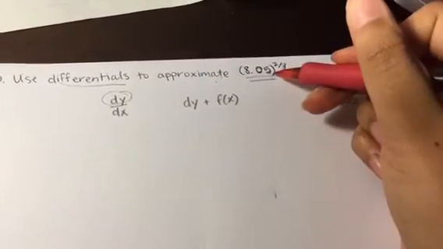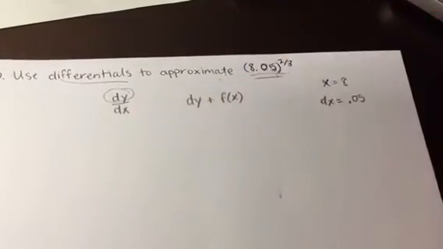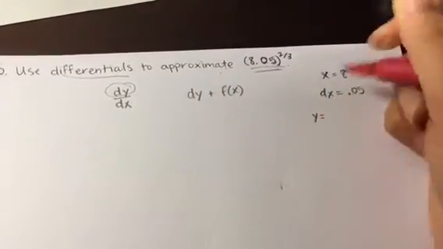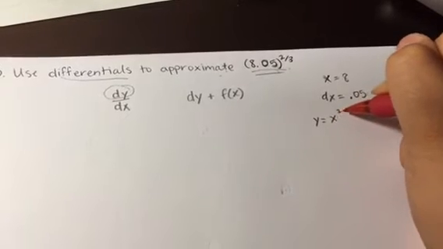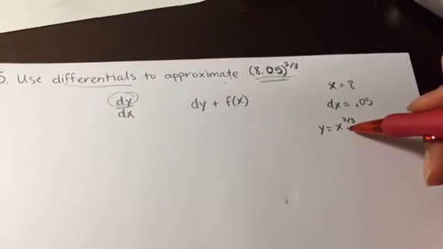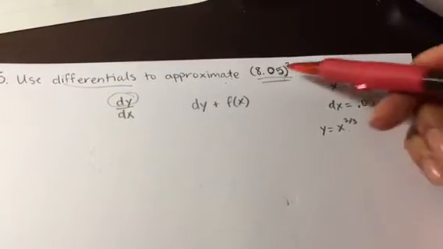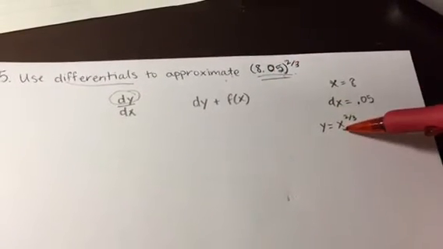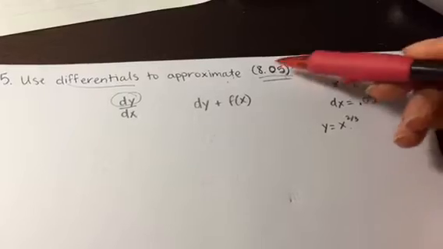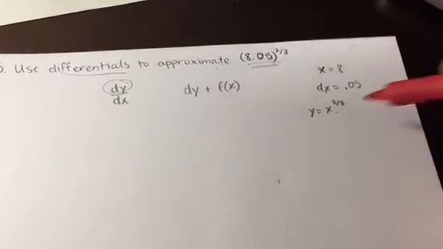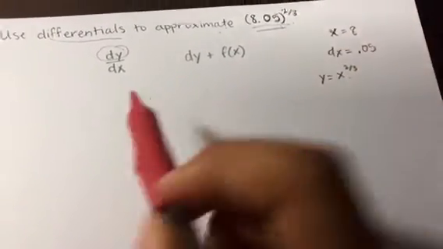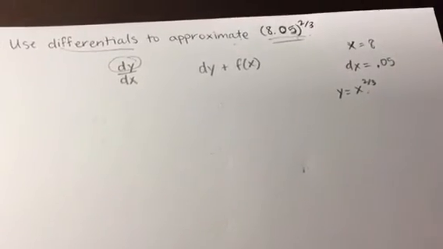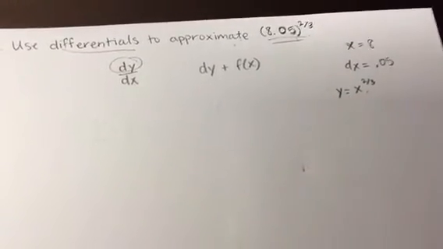And then the equation we're going to use when doing dy over dx is y equals x to the 2/3, because 8.05 acts as x here, and then the 2/3 from this equation is used here. So now we use this, and to do dy over dx, we have to take the derivative of this.